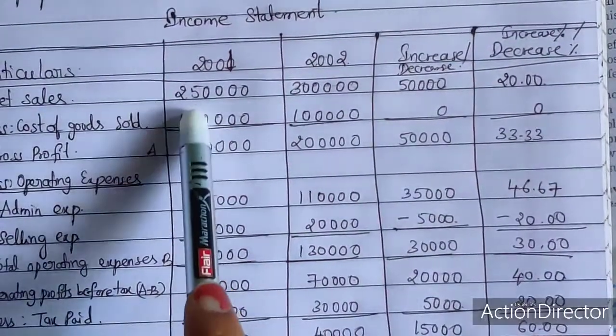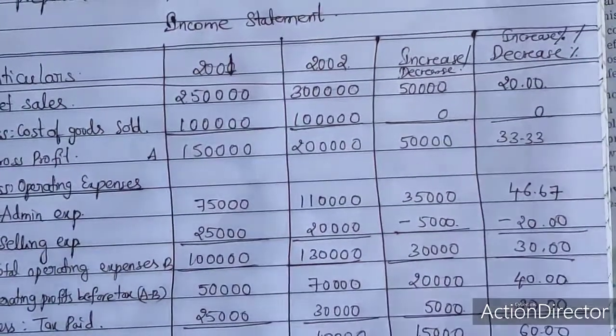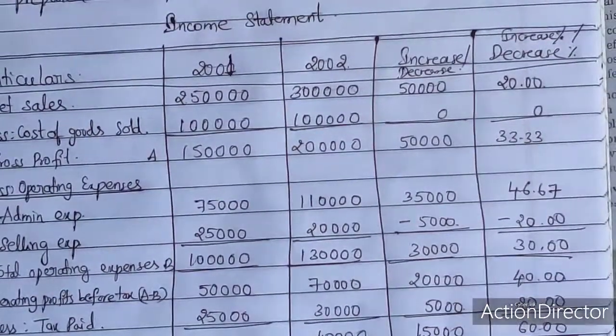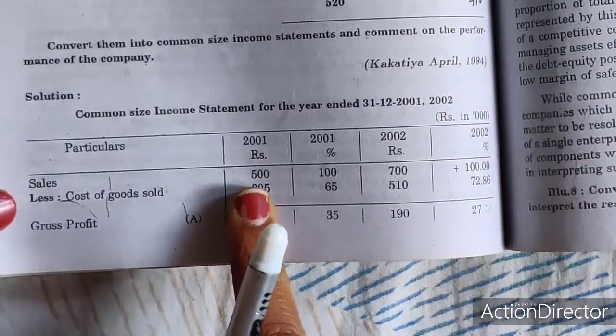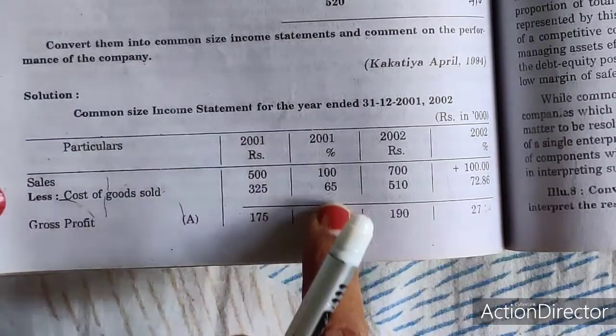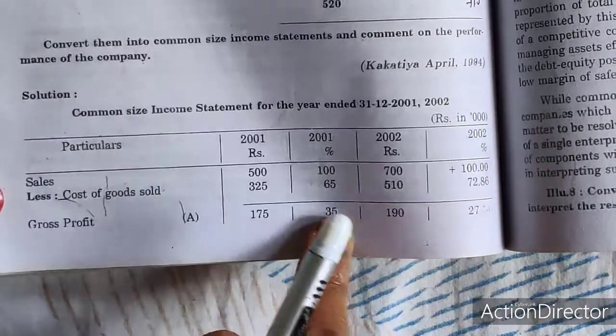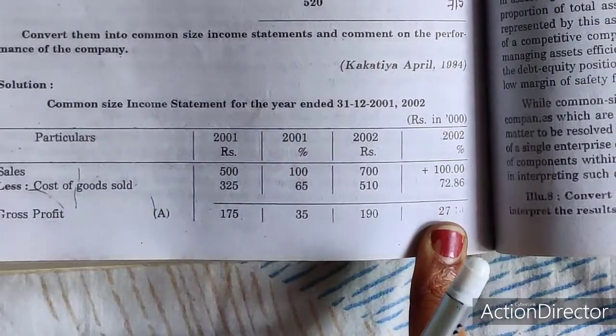Each and every year we have to find this. Okay, but this is not what we are doing in the common size income statement. Here also we will write the information like this. This is particulars and this is the 2001 year and 2001 year's percentage, and 2002 and 2002 year's percentage.